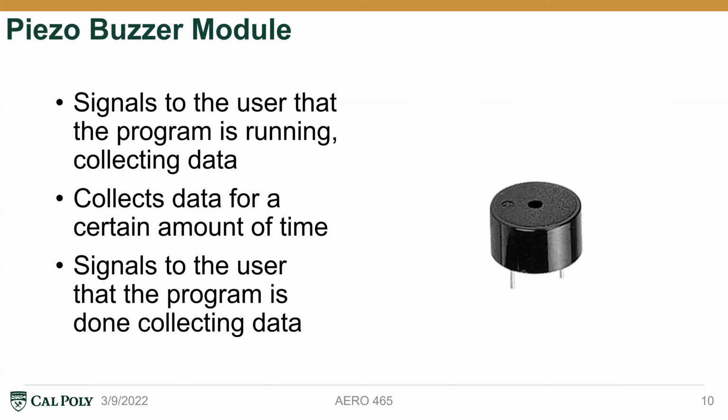For this, we ended up signaling the buzzer to output 7,000 hertz, so that the sound is good enough for the user to actually hear, even with a lot of noise in the environment.